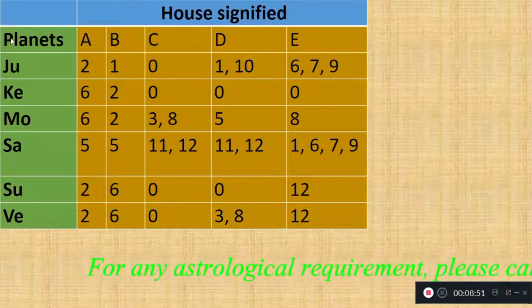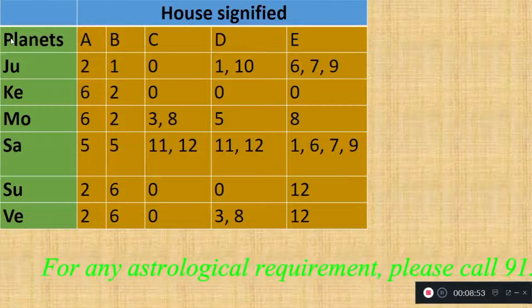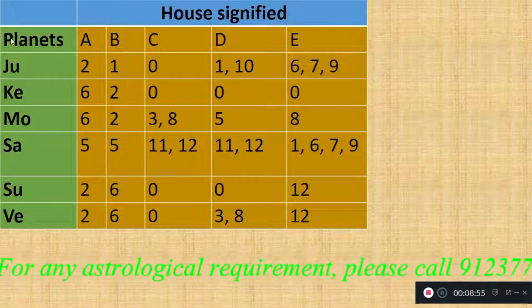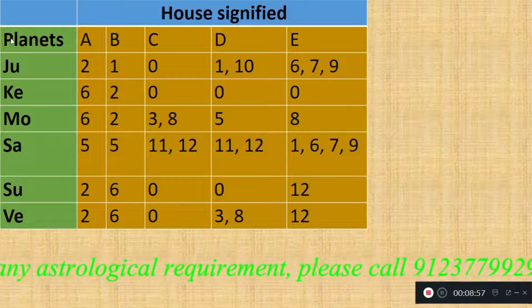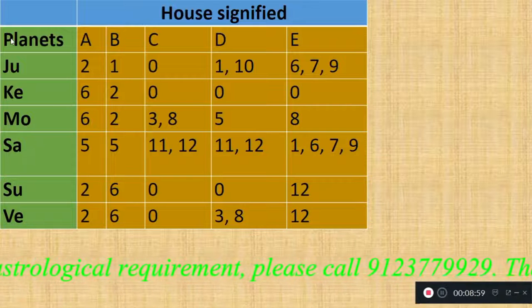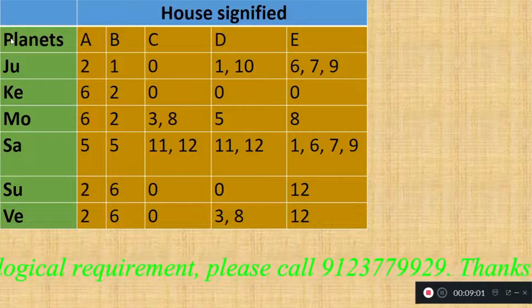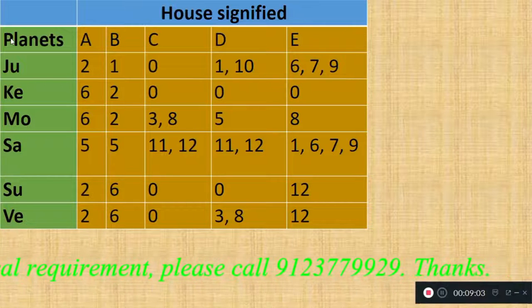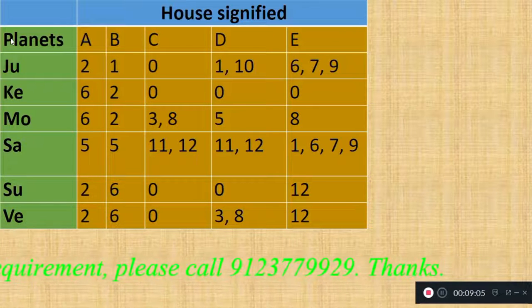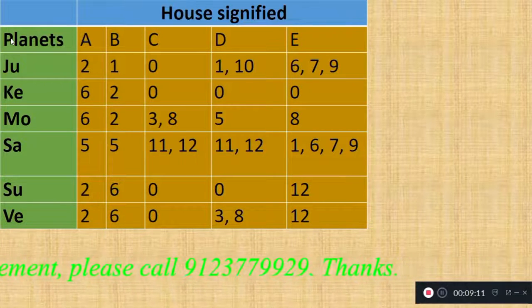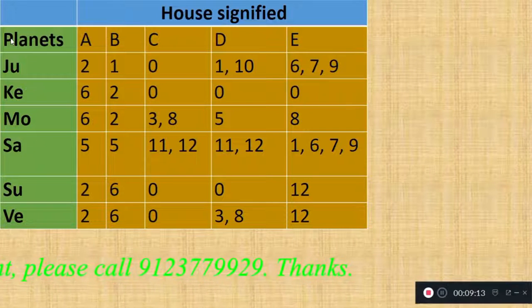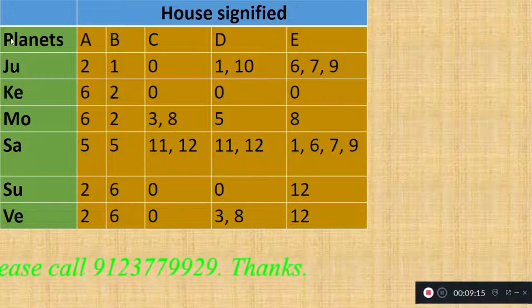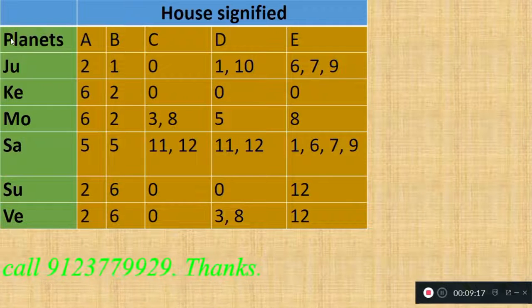Second and sixth house stand for the monetary gain, but without 11th house the monetary gain will not be fulfilled. Here we can see that Saturn signifies 11th and 12th equally strongly. So gain and expansion will be the same.